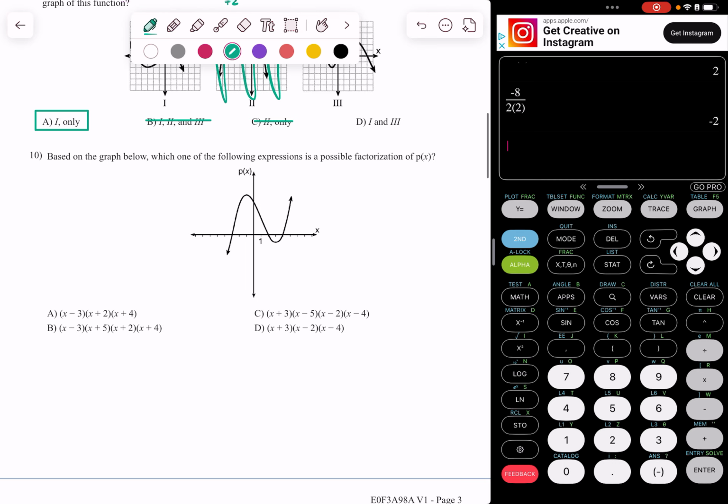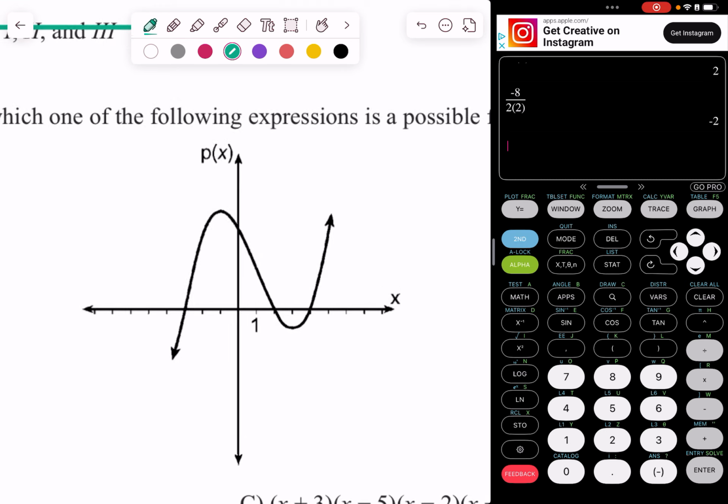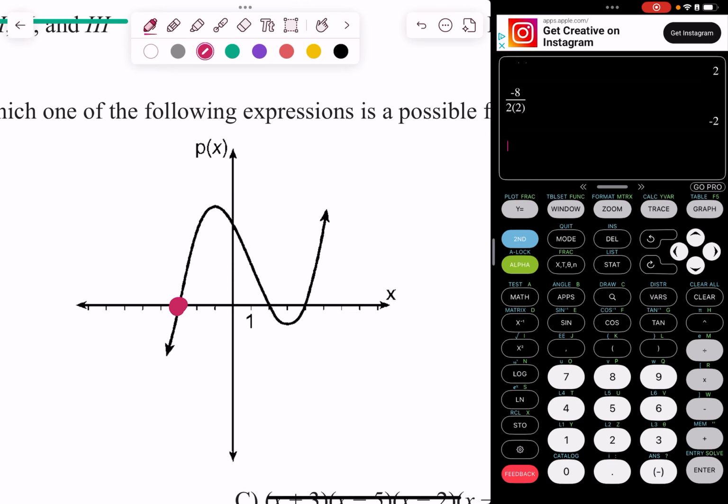All right, let's look at number 10. Based on the graph below, which one of the following expressions is a possible factorization? Okay, let's look at this. We're going to see what number this is at. This is at negative 3, this is at 2, and this is at 4. I don't care about this. This is not an x-intercept.